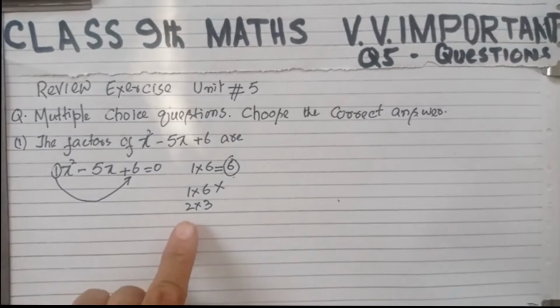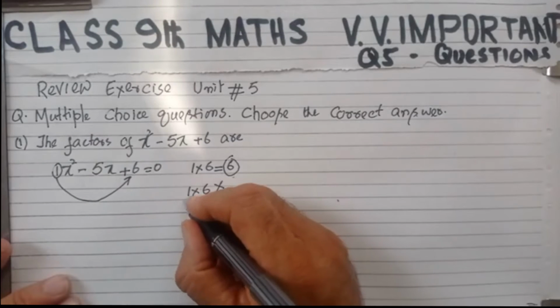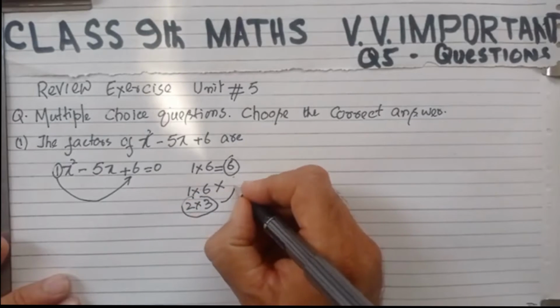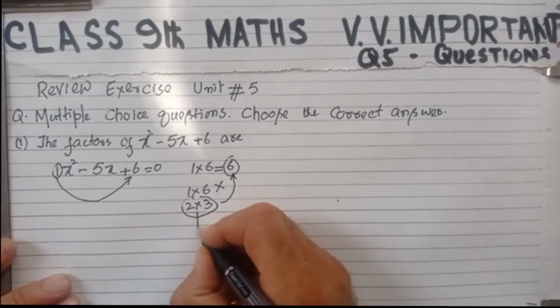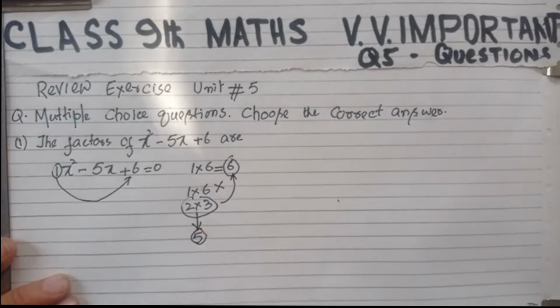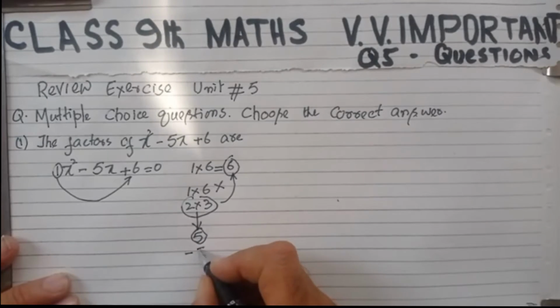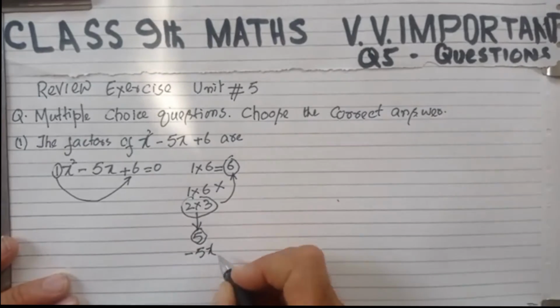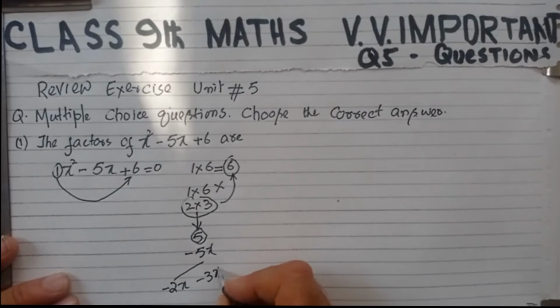Now 2 and 3 are the factors. Multiplying them we get 6, and adding them we get 5. Since minus 5x is written, we write minus 2x and minus 3x.